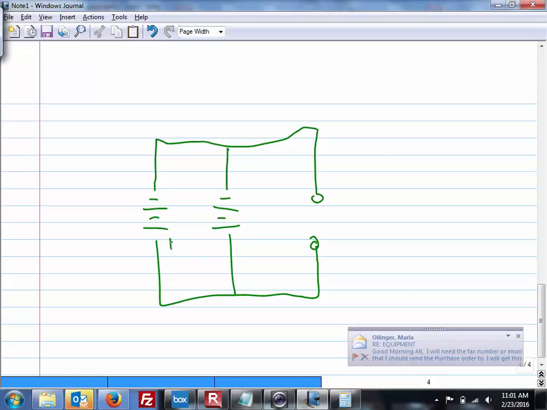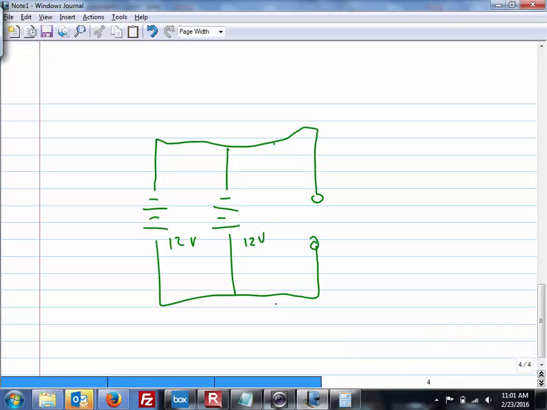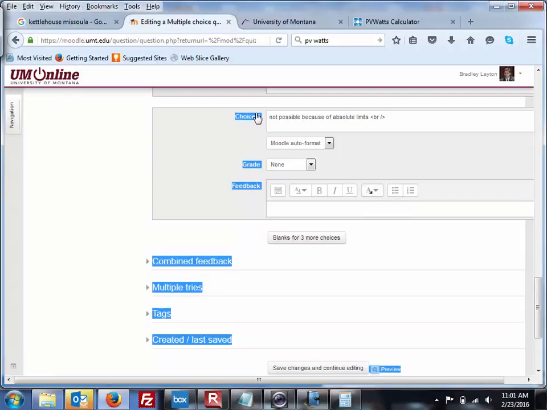Right, these are 12 volts. No matter where you put your leads, you're always going to get your 12 volts. So draw it out, convince yourself both ways. That's not too bad.